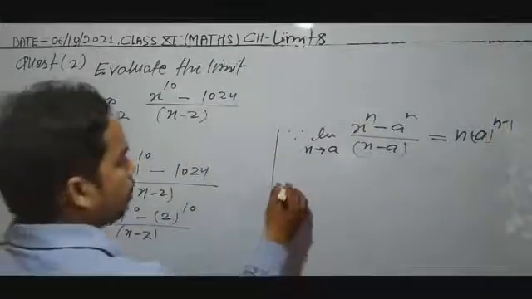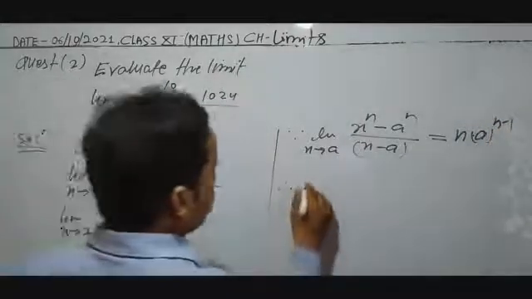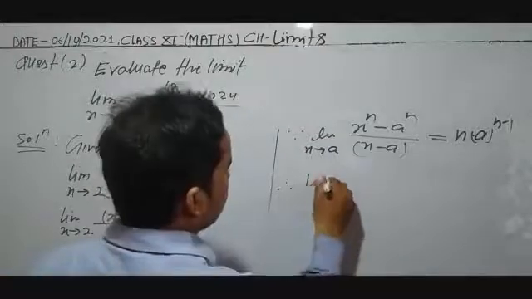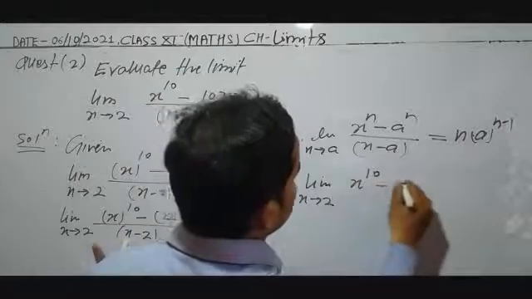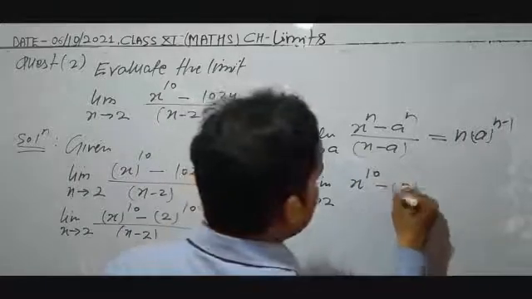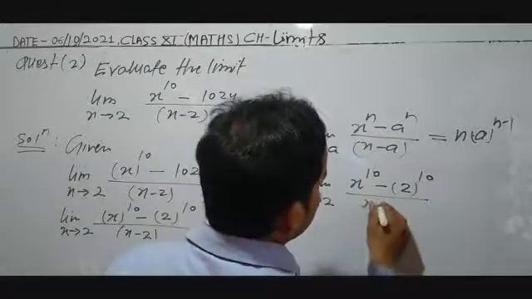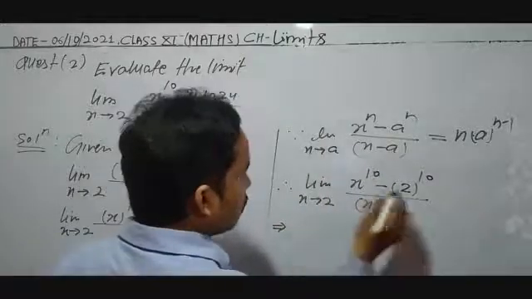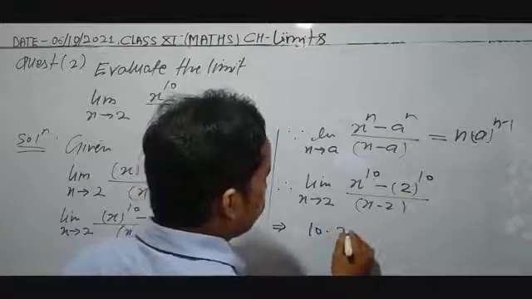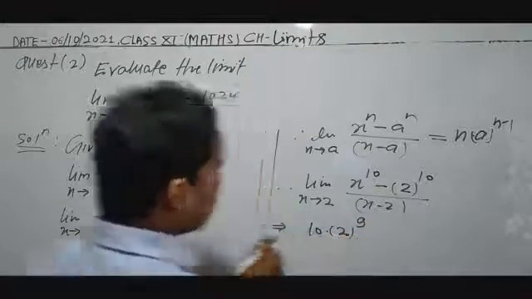So now its result will be, limit x tends to 2, (x to the power 10 minus 2 to the power 10) whole upon (x minus 2), format will be n times, means 10 times 2 to the power 9.